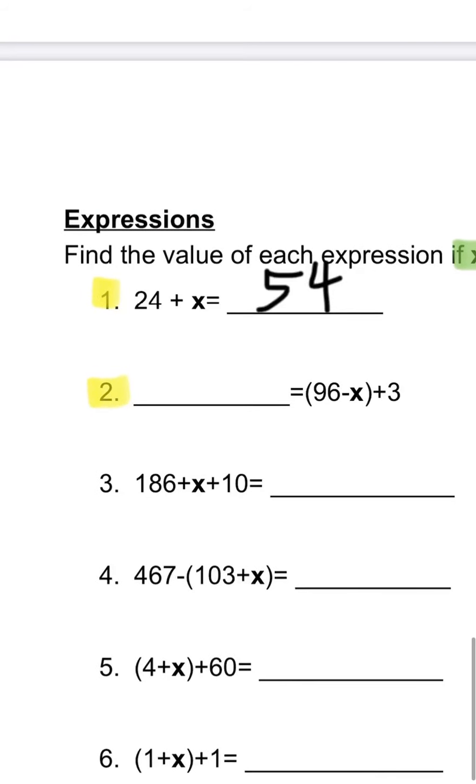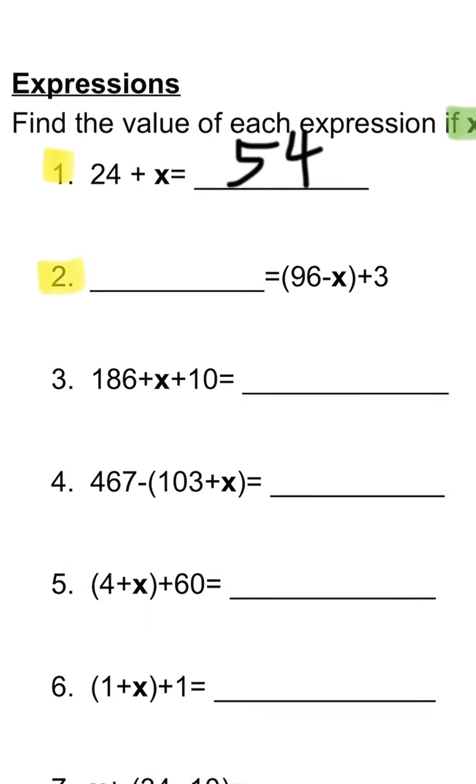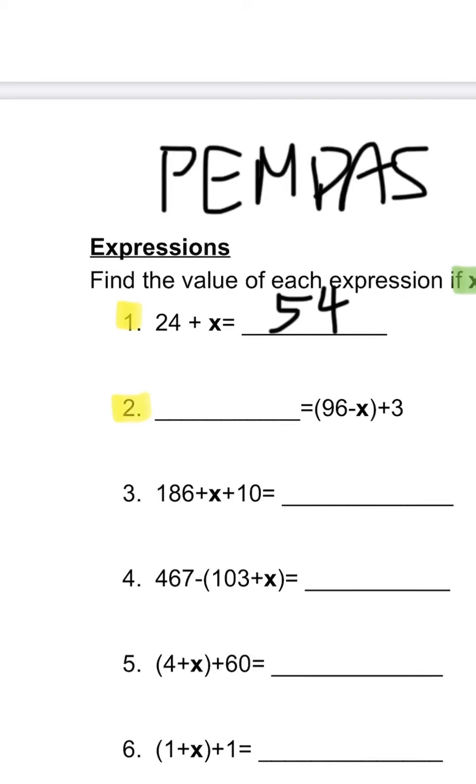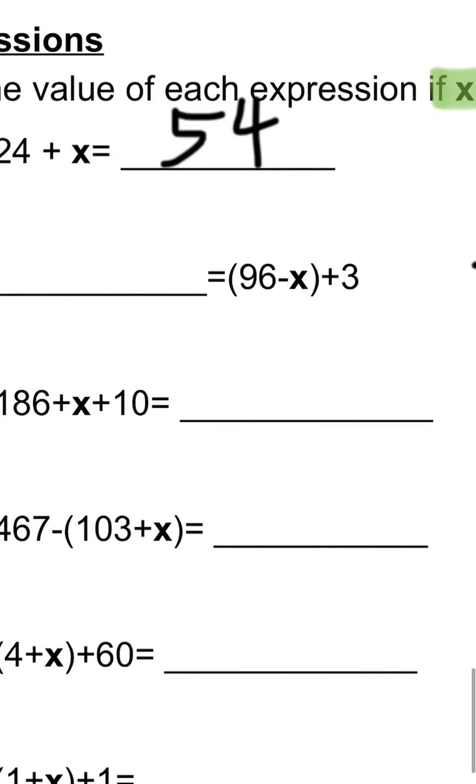Okay, we're going to do number 2. So plug in 30 into the x using PEMDAS. So we're going to do P first, which is parentheses. So we're going to solve this.